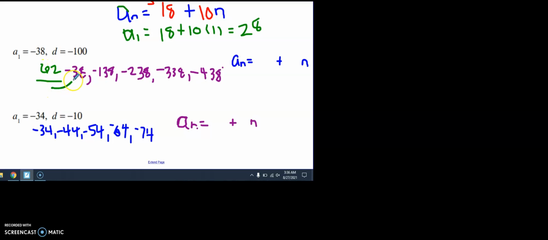So 62 take away 100 will give me negative 38. So that means the beginning value in this equation is 62. So a of n equals 62 plus the slope, and the slope is our d value, our difference. So our slope is negative 100.